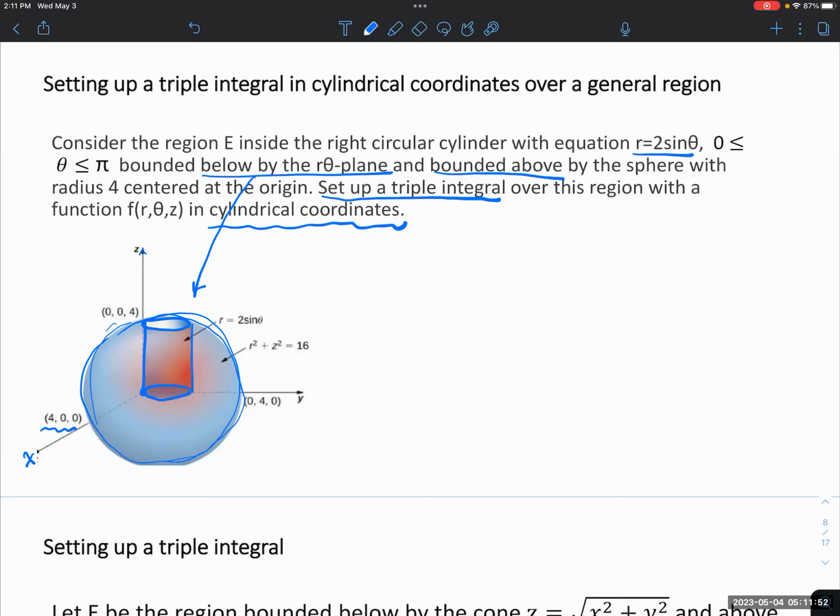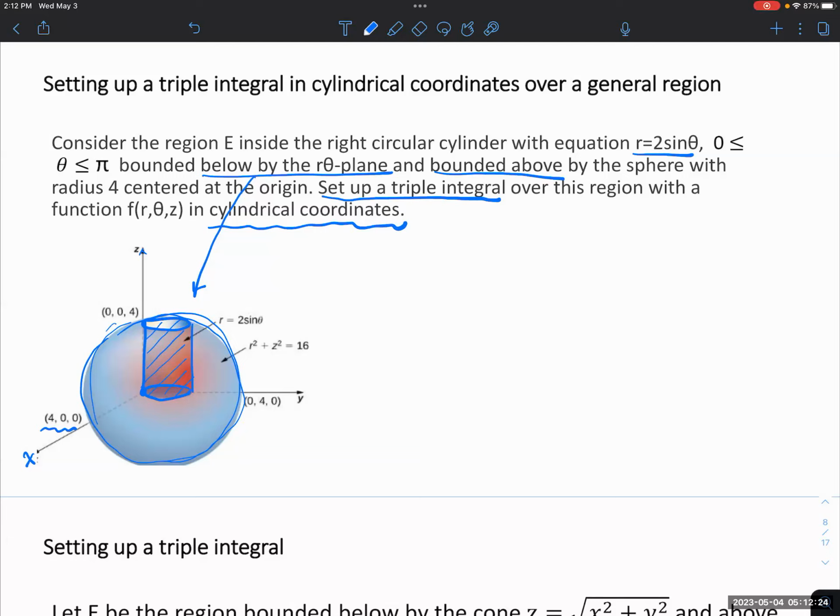It's hard to see, so that's why I highlighted it a little bit in red. So we are looking for that area between, bounded below and above inside of the sphere, where it overlaps with this cylinder area. So what we are looking for is the intersected area between those two shapes. So they want you to take the triple integral over that region.